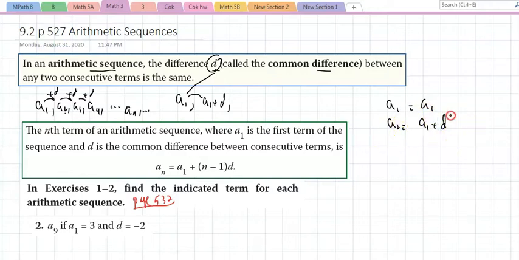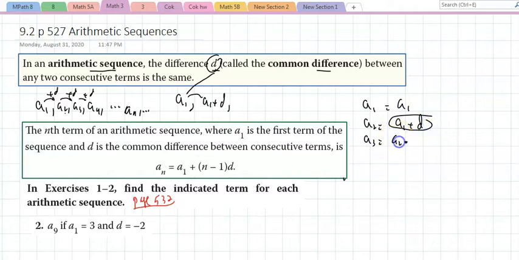To find a sub 3, the third term on the list, you take the previous term and add d to it. But a sub 2 is a sub 1 plus d, so that would be a sub 1 plus 2d. Does that make sense? Isn't that 2d?